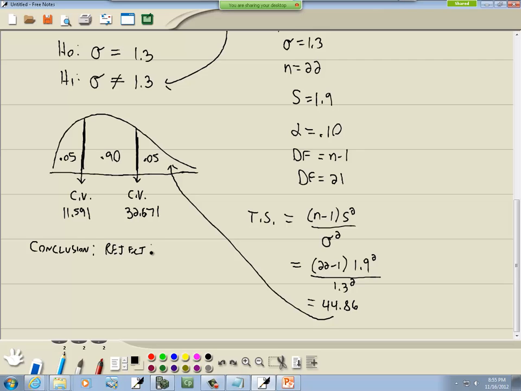Well, we'll reject H0, which means we'll accept H1. H0, our null hypothesis, and H1, our alternate hypothesis, are opposites of each other. If you reject this one, you have to accept this one. Now our claim, remember, matched H1. So whatever we say about H1 is what we say about our claim. We accepted H1, which means we'll accept our claim.